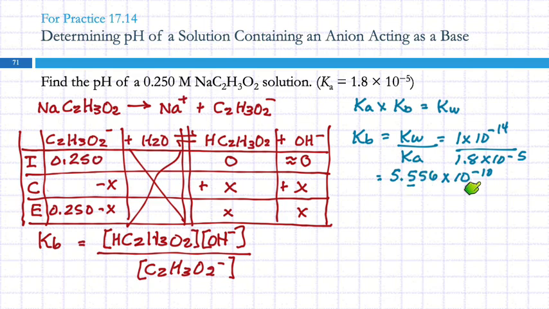So this is the value that this expression is equal to. So 5.556 times 10 to the negative 10th is equal to x squared divided by 0.250 minus x.